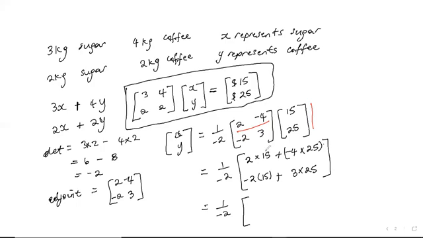So let's solve it. 2 times 15 is 30. Negative 4 times 25, that is 125. No, actually it's 100. So negative 100. So it is 30 minus 100. And then negative 2 times 15 is negative 30. Negative 30 plus 3 times 25 is 75.